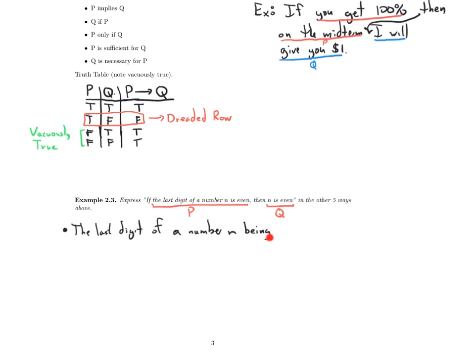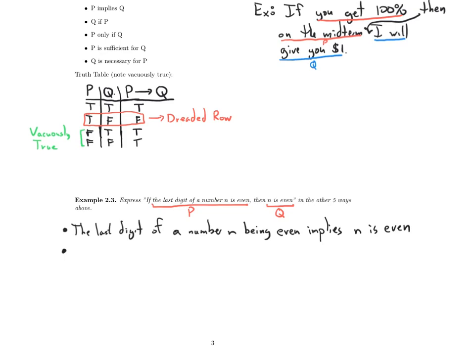Instead of "is," it makes more sense grammatically to say "being." So that's the first way we express it. Exact same meaning as if P then Q. P implies Q, just another way of writing it. They're logically equivalent. They have the same truth values.